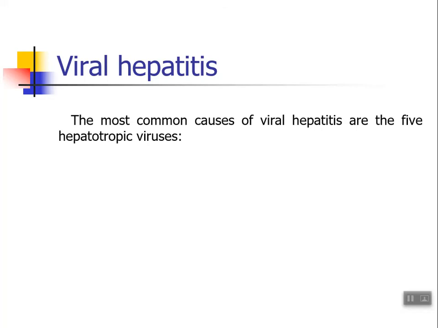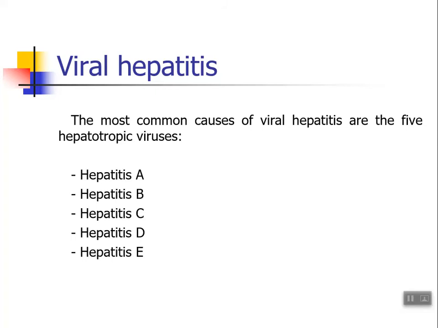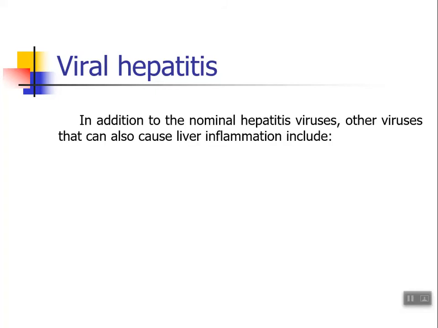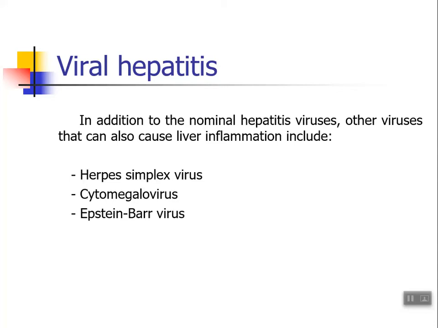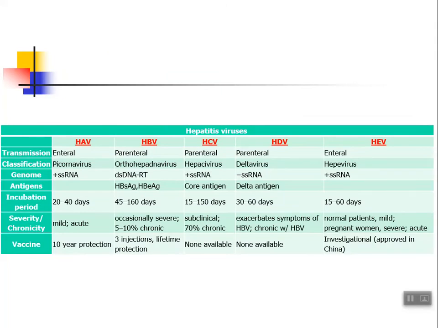The most common causes of viral hepatitis are the 5 hepatotropic viruses A, B, C, D, E. In addition to the hepatitis viruses, other viruses can also cause liver inflammation, such as herpes simplex, cytomegalovirus, Epstein-Barr virus, and yellow fever virus. These are the hepatotropic viruses.